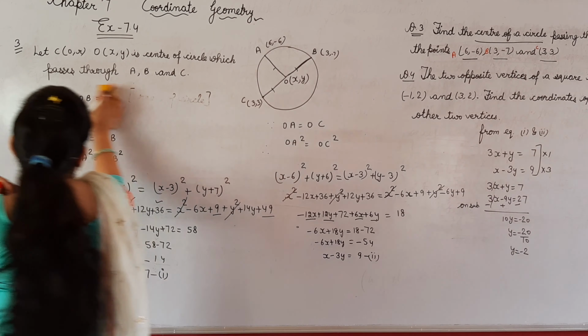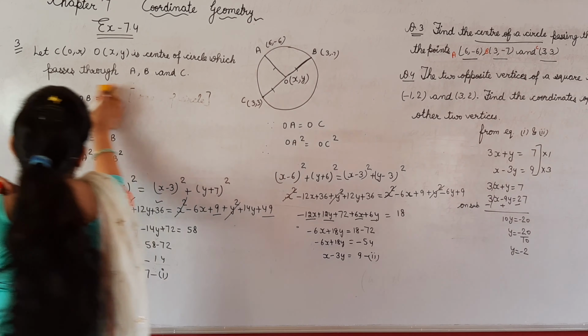Suppose I am putting in first, then 3x plus y is equal to 7. What is the value of y? Minus 2, and it is equal to 7. 3x, 7 plus 2, 3x is equal to 9, x is equal to 3. So what are the coordinates of center? So coordinates of O are 3 and minus 2, and this is our answer.